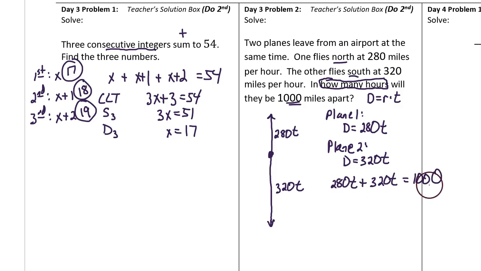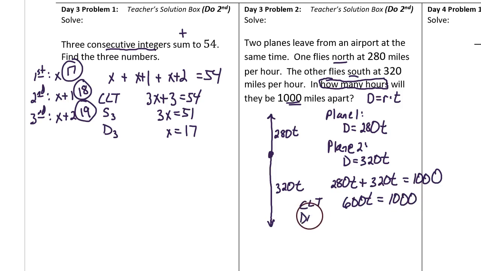Let me reread this, but in terms of their real-life meaning. The distance traveled by plane 1 plus the distance traveled by plane 2 totals to 1,000 miles. Let's solve this equation. Combine like terms. 280 plus 320 is 600t.